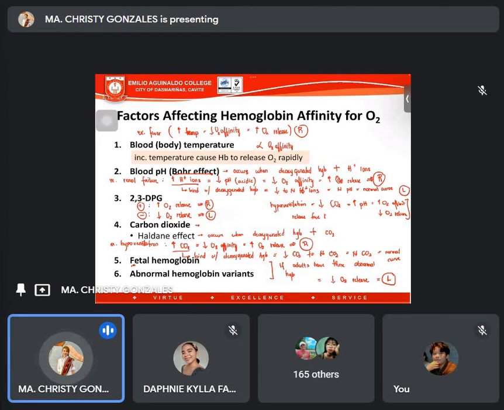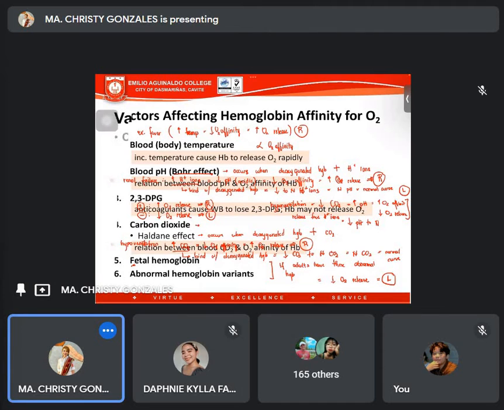So when that happens, bababa na ngayon yung pH up to normal, and that would also normalize your curve. Okay? That would also normalize your curve. Clear? Okay. May tanong kayo with the hemoglobin affinity? Meron po ba?